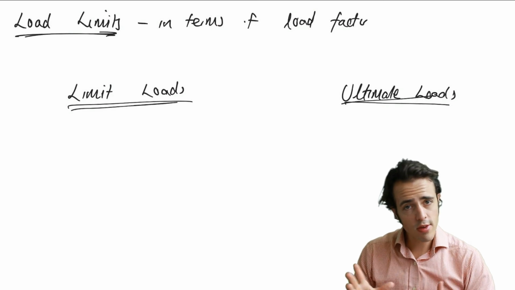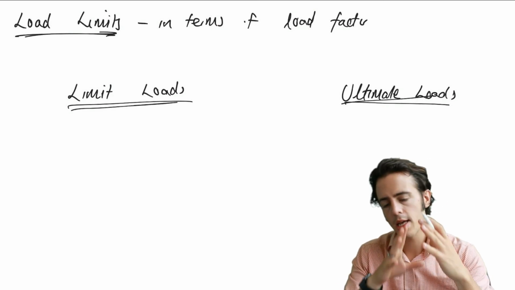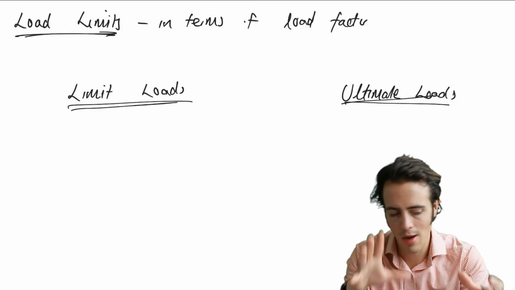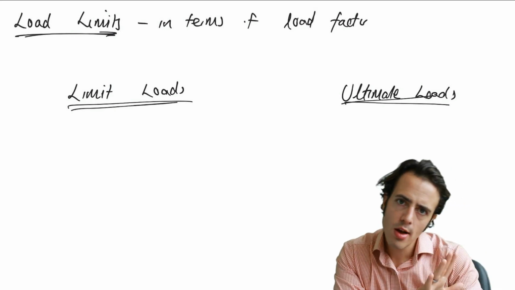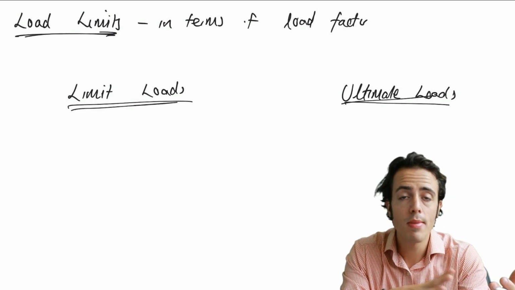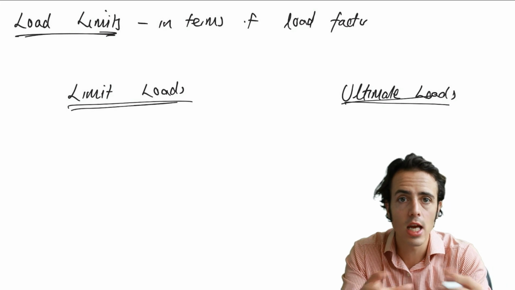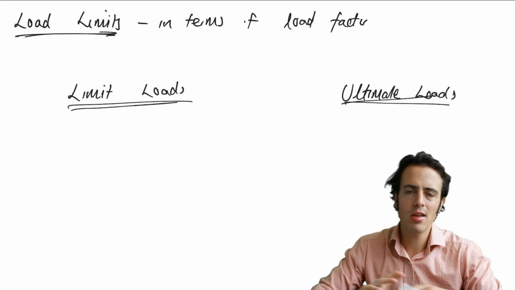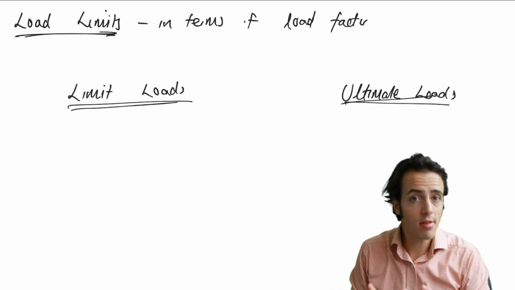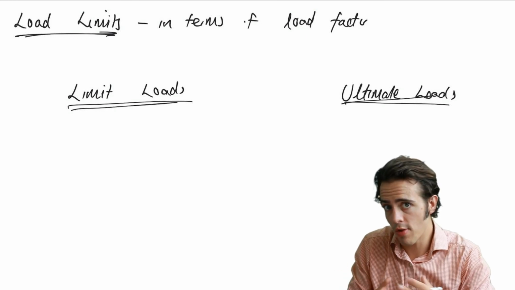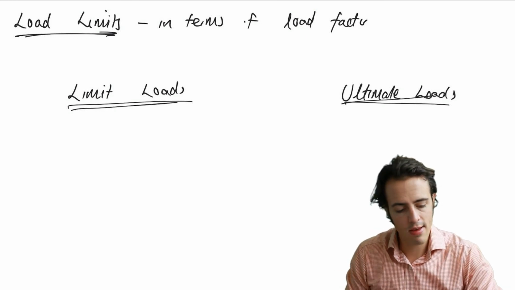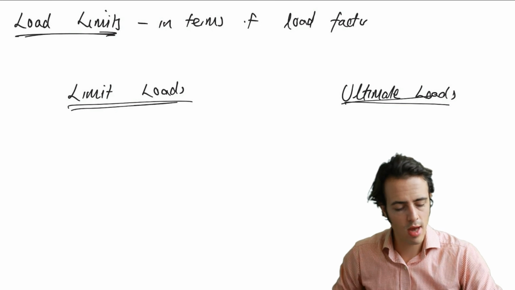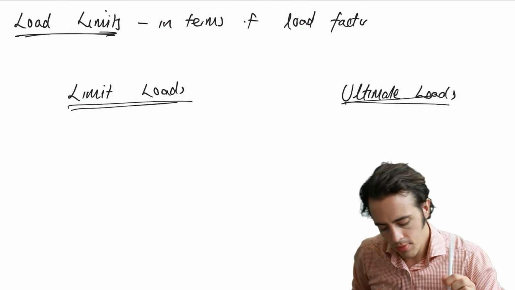So we've got the stress-strain relationship, which is governed by the modulus of elasticity of our materials. After a certain point, the material stops deforming elastically, and we reach plastic deformation whereby the material is damaged and it won't return to its original position.